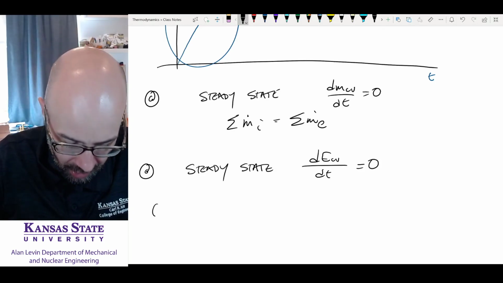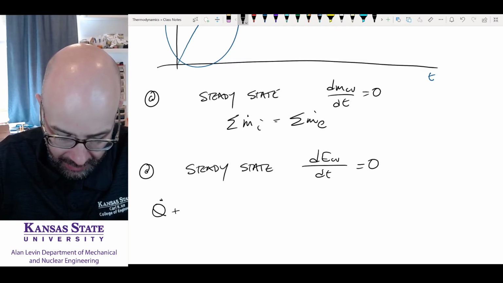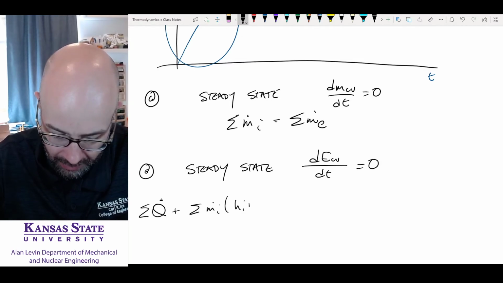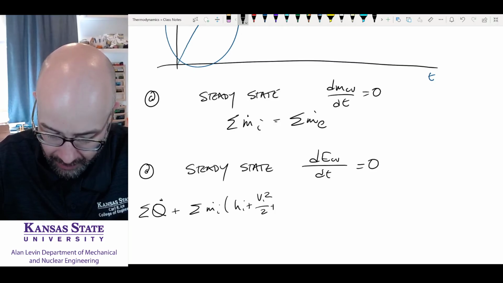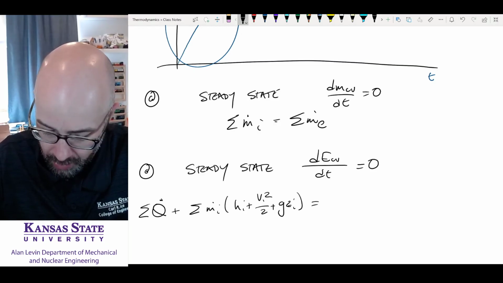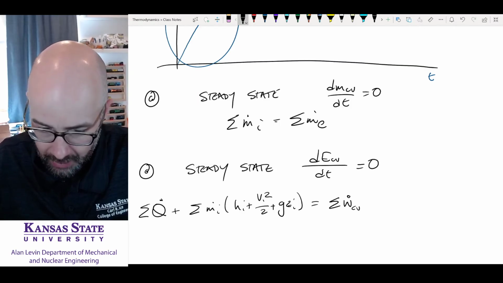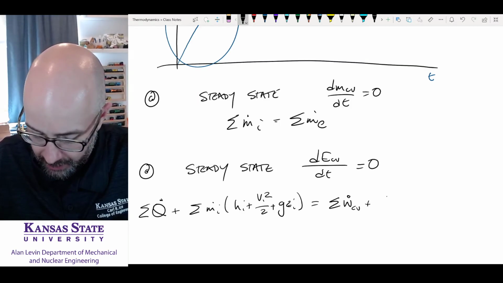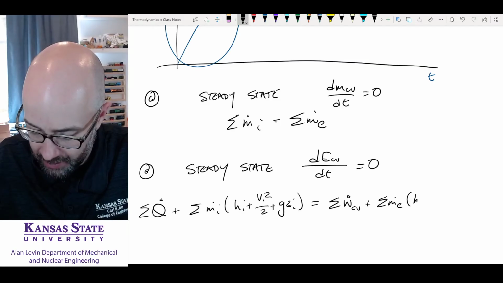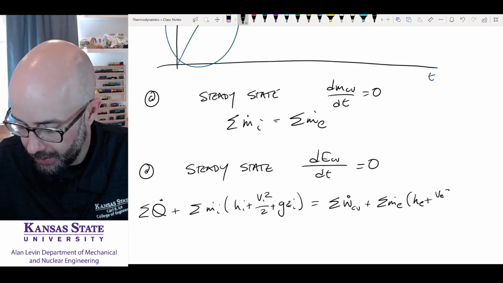Sometimes we'll do that as Q dot plus the summation of m dot in times the enthalpy in plus the kinetic energy in plus the potential energy in is equal to the power going out, plus the summation of the mass flow rate exiting times the enthalpy exiting, the kinetic energy exiting, and the potential energy exiting.